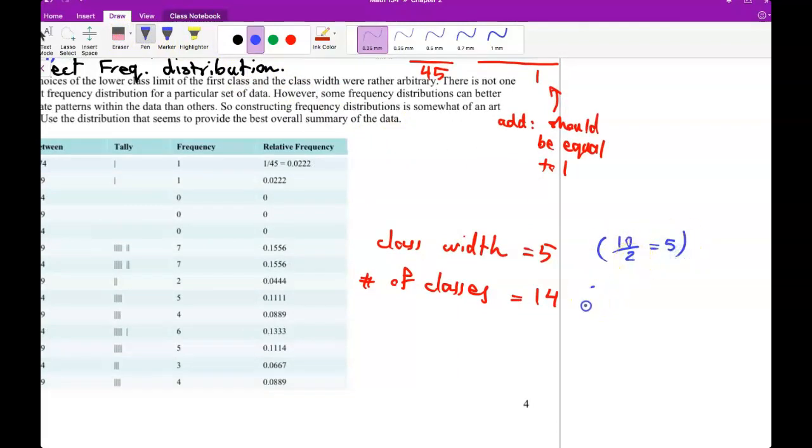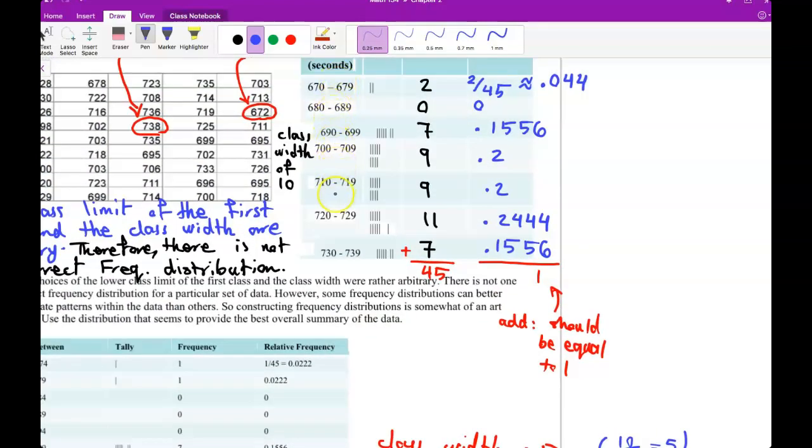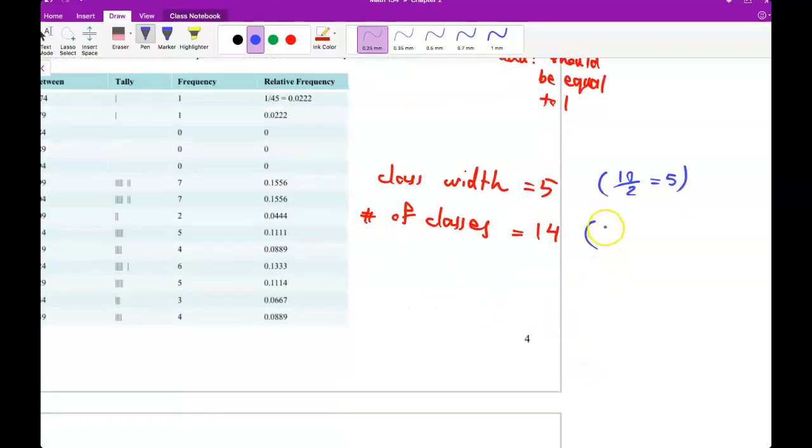Since I divided by 2, now from here, number of classes are 1, 2, 3, 4, 5, 6, 7. So 7 multiplied by exactly the same number that we divided by here is 14 number of classes.